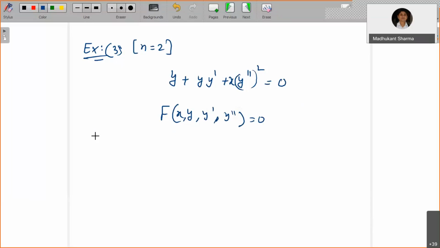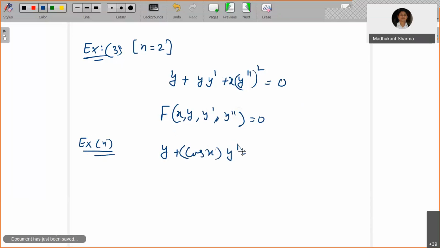Okay, now another example. Why only x or powers of x? There could be any function of x. So this is also one of the equations: cos x times y dash equals to 0. So some trigonometric function can also occur in the coefficient term. It's a first order equation, the highest derivative is the first order derivative, and all the powers are 1.